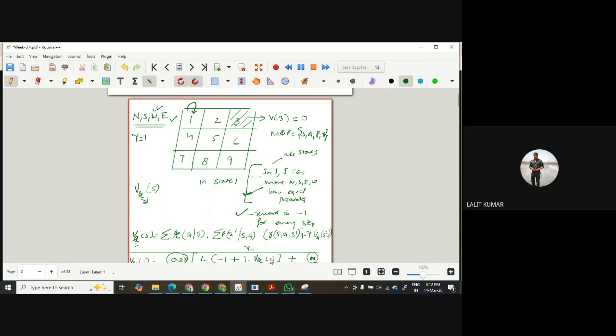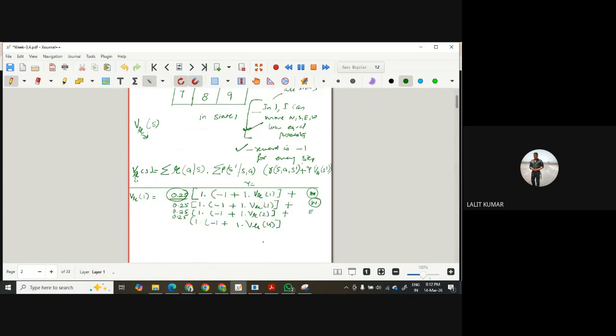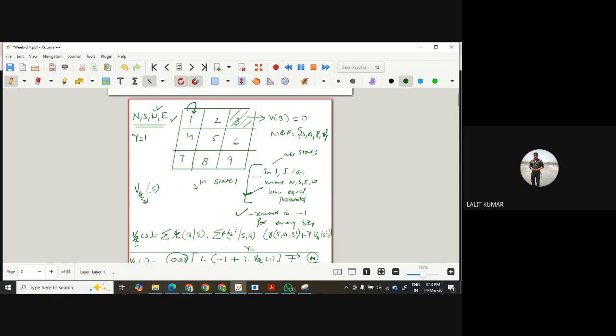See, this first case is for north. Second is for west. If I go west, where will I end up? Same. If I go east, where will I end up? I will end up here only, no? If I go south, I will end up here only, no? I cannot go anywhere else. Clear?